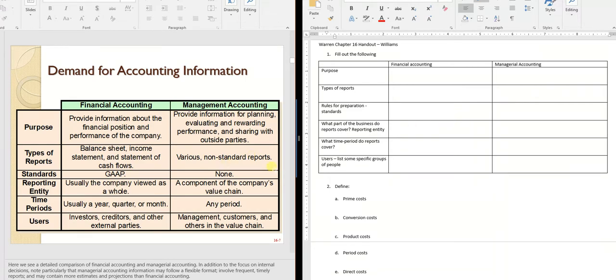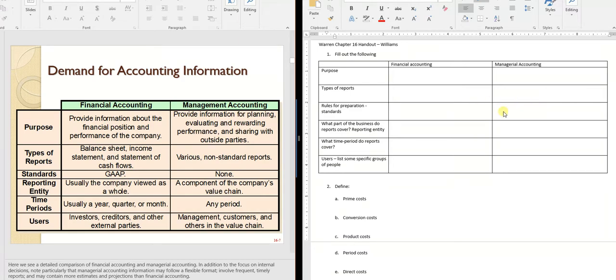So they're various and non-standard. Since comparisons are made between companies, the companies have to prepare their financial statements based on some rules so we understand them. So they follow generally accepted accounting principles. There are no standards for management accounting. However, we do base things off of GAAP.